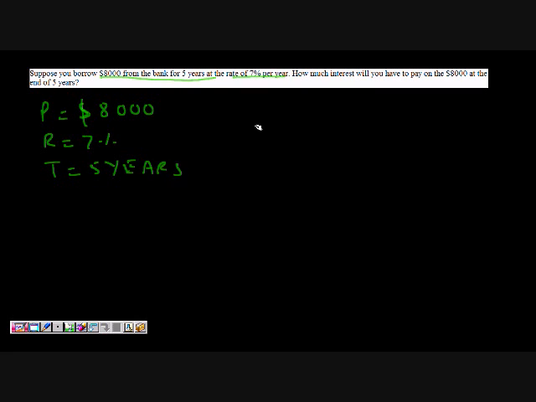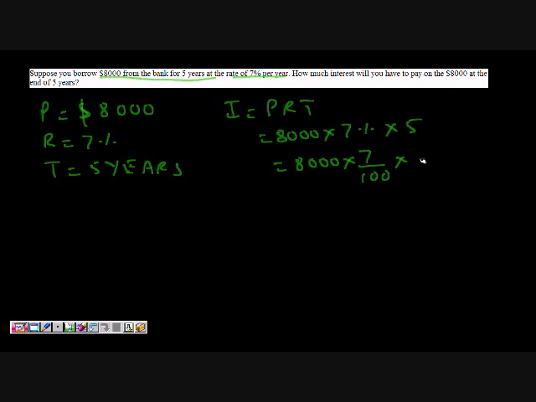Now from the previous example, we know that interest is equal to PRT. So principal is 8,000 into rate 7% into time, 5 years. So we can write $8,000 into 7 by 100 into 5.